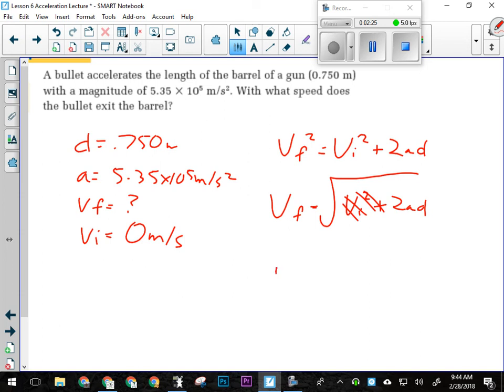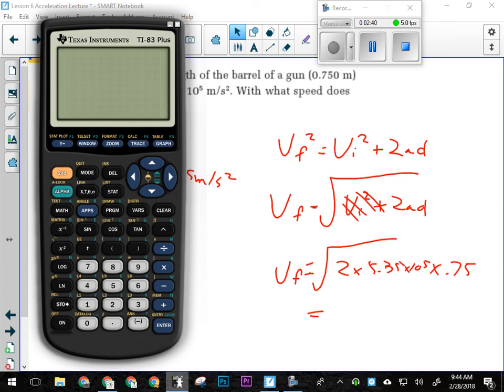So VF then will equal the square root of 2 times that 5.35 times 10 to the 5 times the distance, which was 0.75 meters. So we're going to have 2 times, and then we have to put this in brackets. Sorry, I have to square root of 2 times 5.35 to the power of 5.